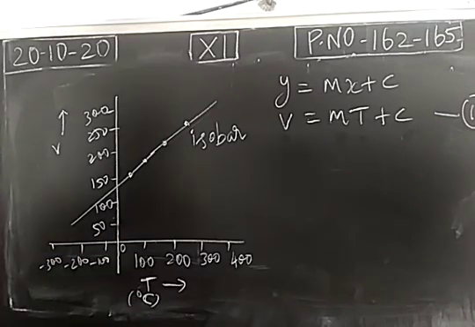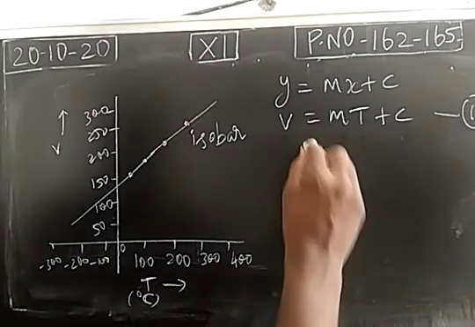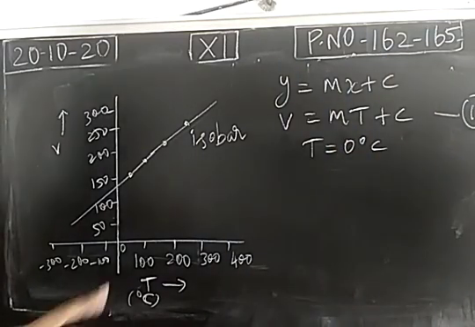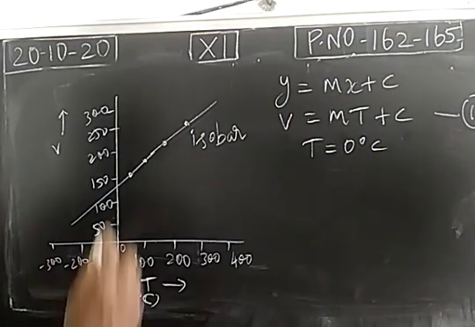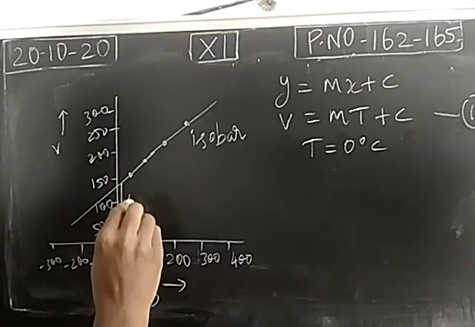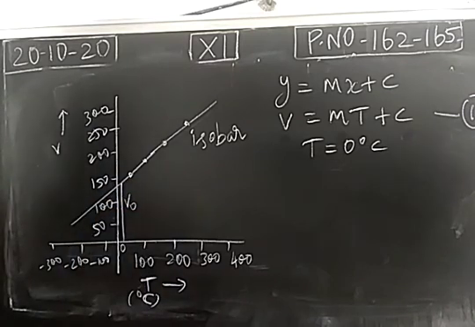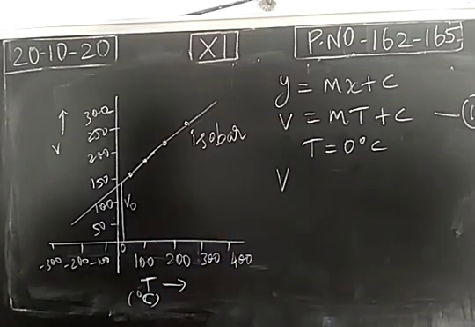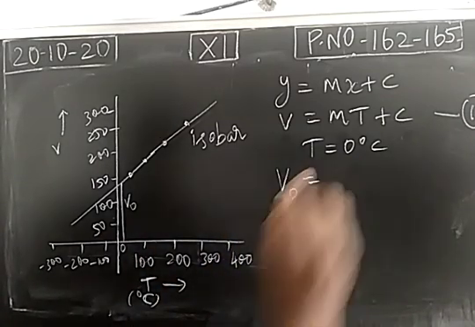Okay. So in the first equation, we are going to make some changes, right? Consider temperature is 0 degrees Celsius. When temperature is 0 degrees Celsius, this volume is called V0.